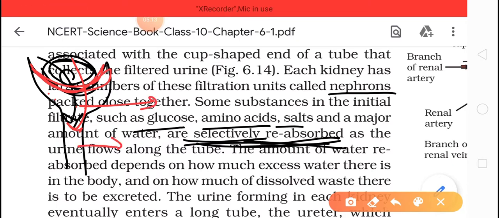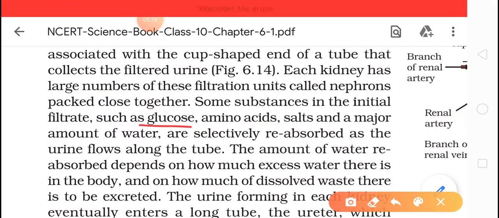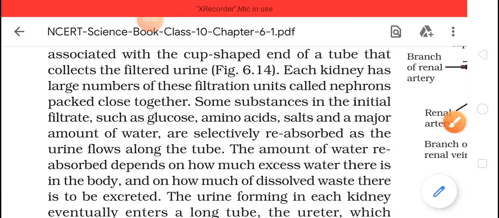That's why we are calling it selective, because we will select glucose, amino acids, salts and water. So we will select, not all will come back. Okay, so as we are selecting and as we want them, that we call selectively reabsorbed.